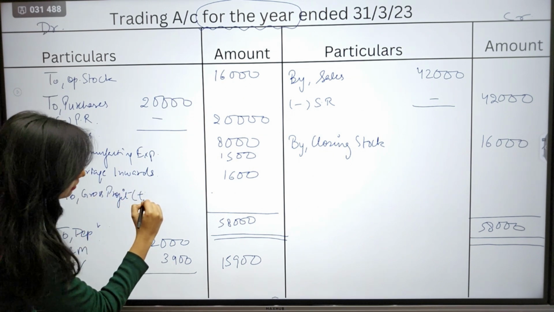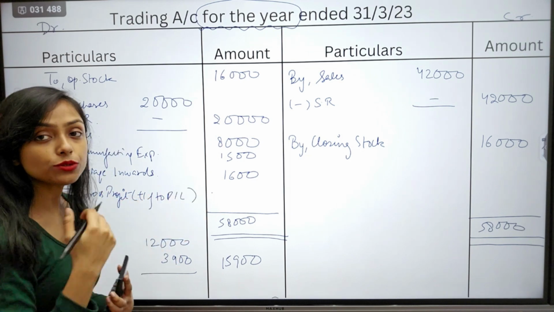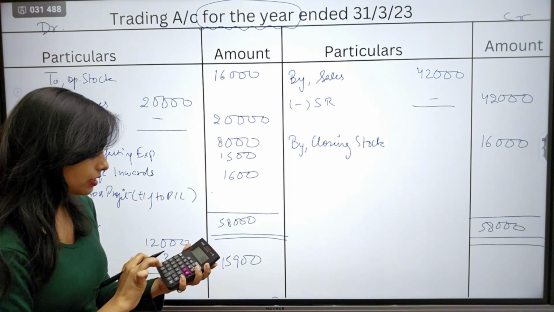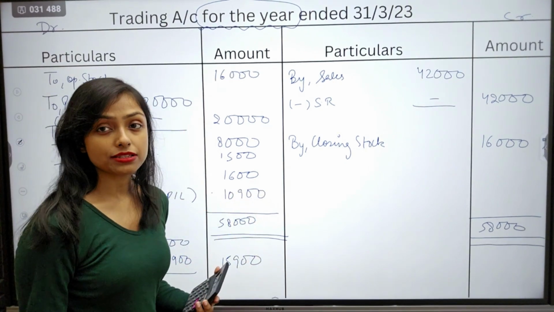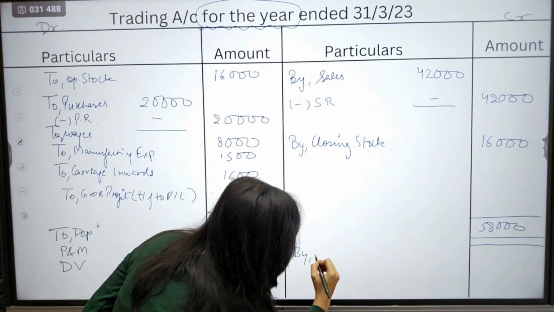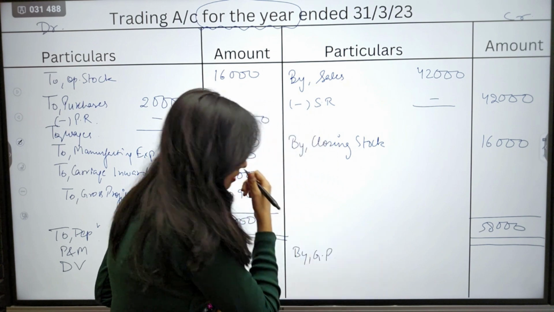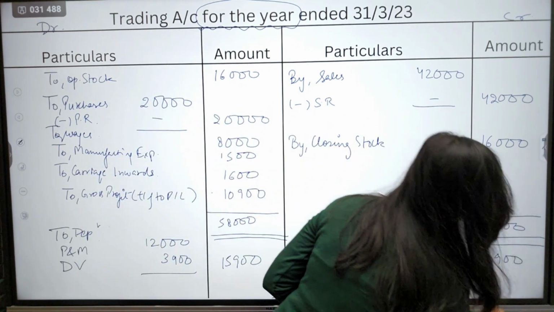Let's write in the bracket transfer to PL account. This is always transferred to the profit and loss account. So if we do that, we are going to get a profit of 10,900 rupees. Fine. Now let's write it over here by gross profit. So we are going to bring it down over here, 10,900 rupees.